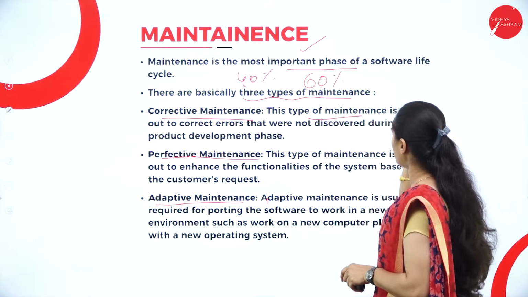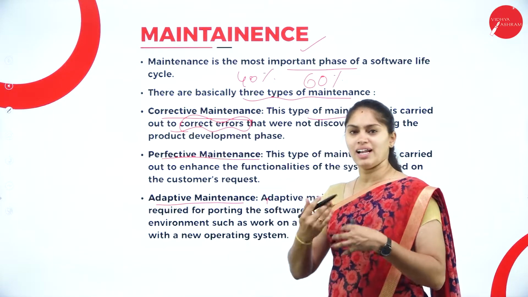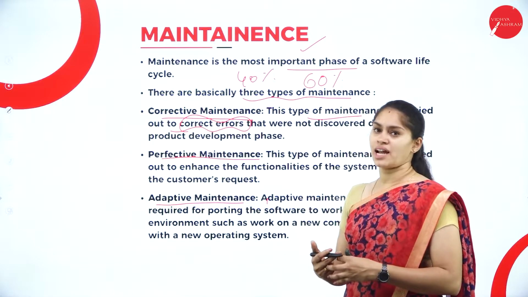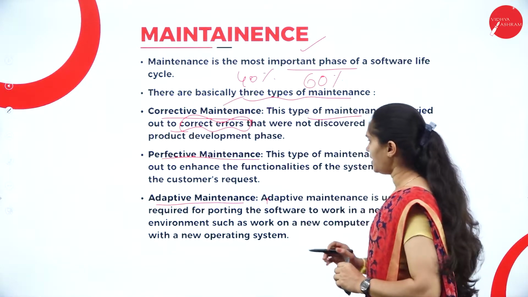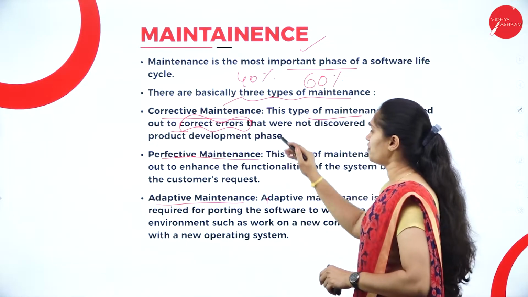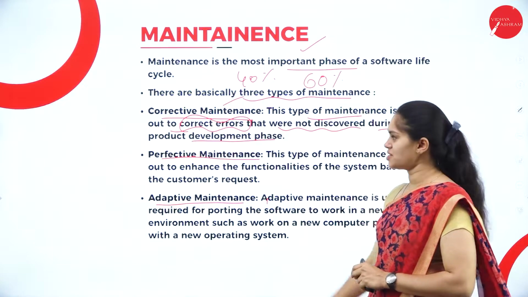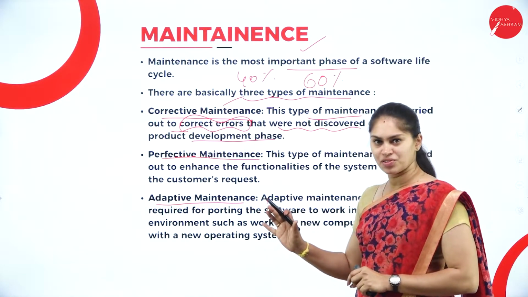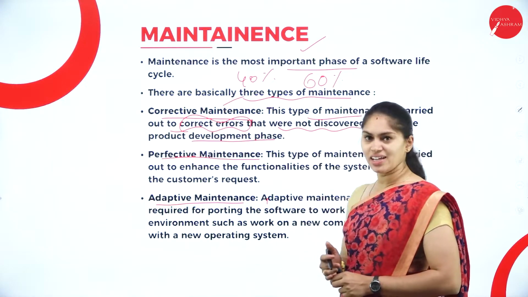This type of maintenance is carried out to correct the errors. We made some mistake while developing that system, but it's time to correct that. That is considered corrective maintenance. Those kinds of errors were not discovered during the product development phase. Now they have corrected some of the errors, so it's fine to use that product again without errors.